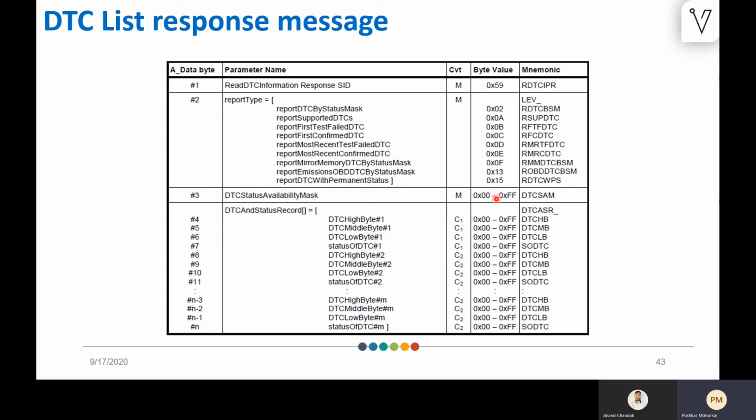Then the requested status availability mask was reported, and then it was followed with the DTC code or the DTC that is present in the server. So the fourth byte is the high byte of the DTC, fifth is the middle byte, sixth is the low byte, and seventh is the status of the DTC.